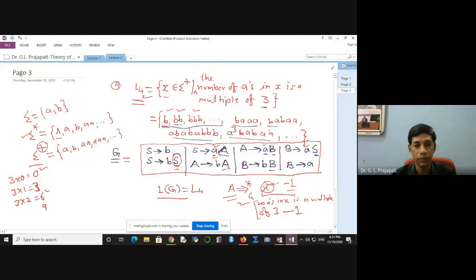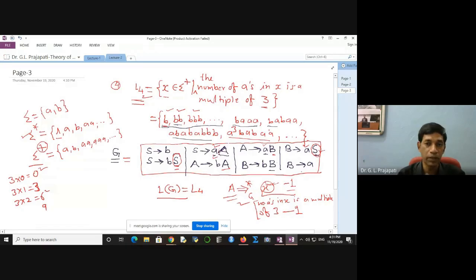Once you have used 2 A's, the problem is different. If B starts with B, then the problem remains the same here. If B starts with A, then the problem completes. Now if you want more length, then again you will have the number of A's which is a multiple of 3, and this was the original problem, so you have written S.